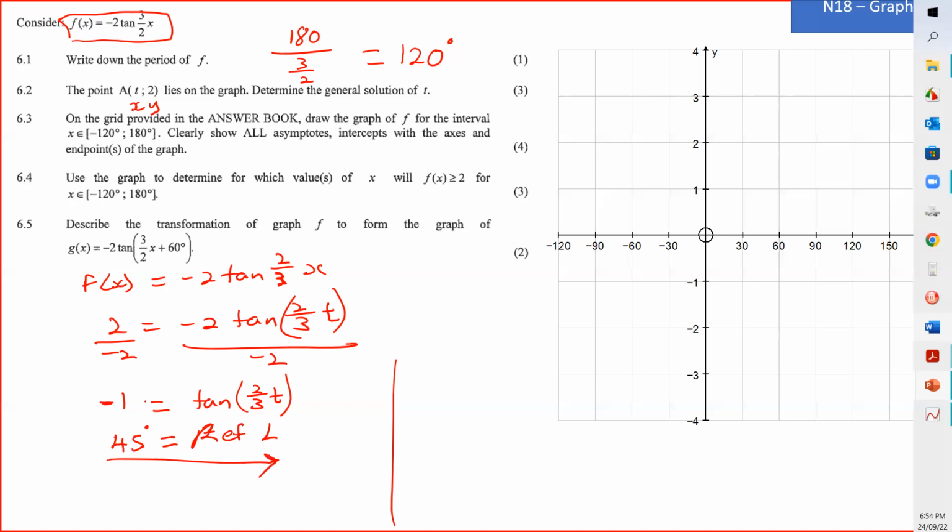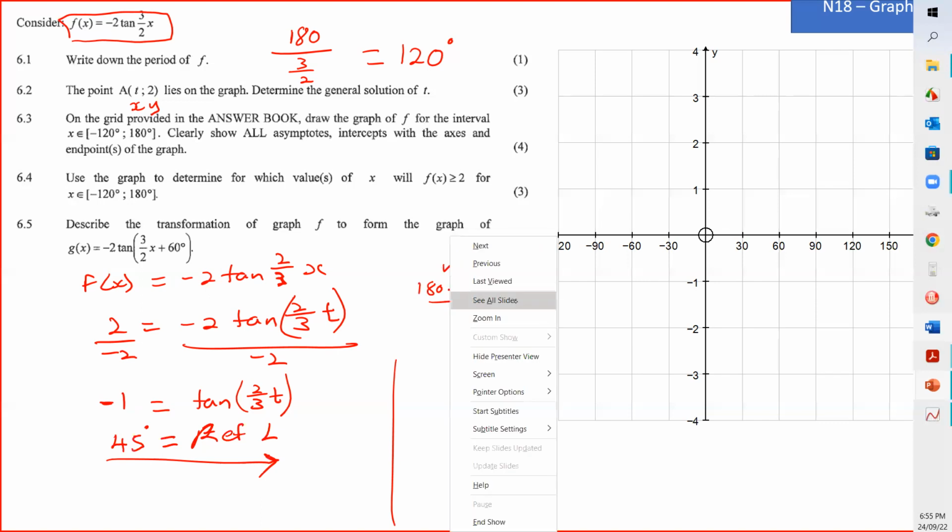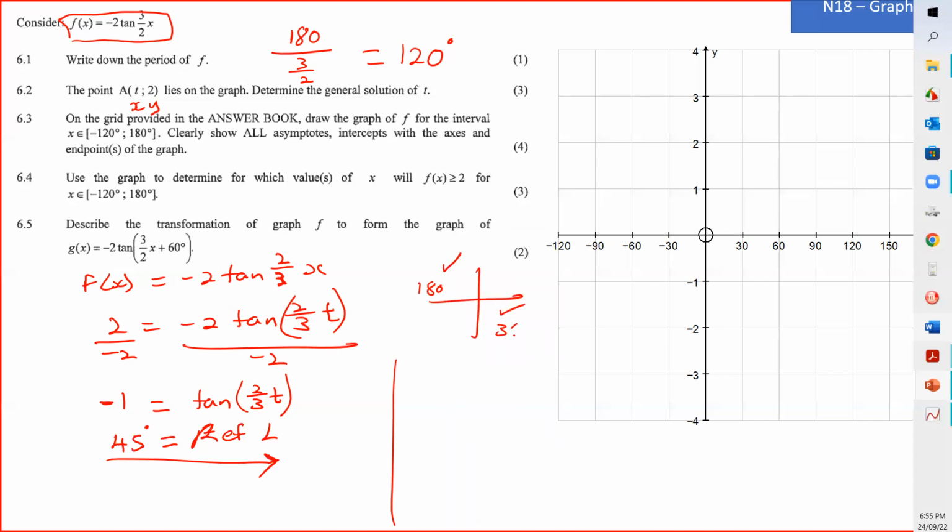But remember, tan is negative in quadrants 2 and 4. And that's a 180 minus and a 360 minus. So the angle itself, 2/3t, is in quadrant 2 since it's negative.